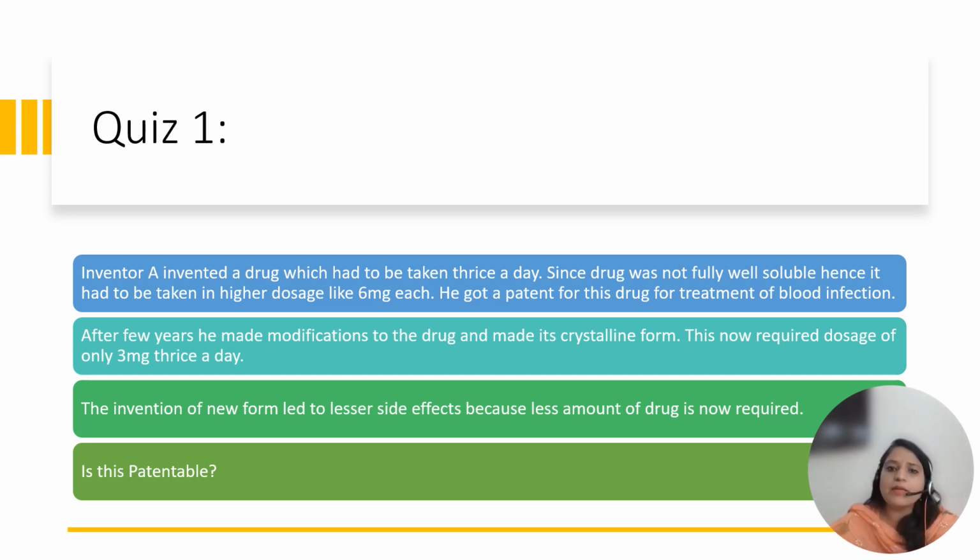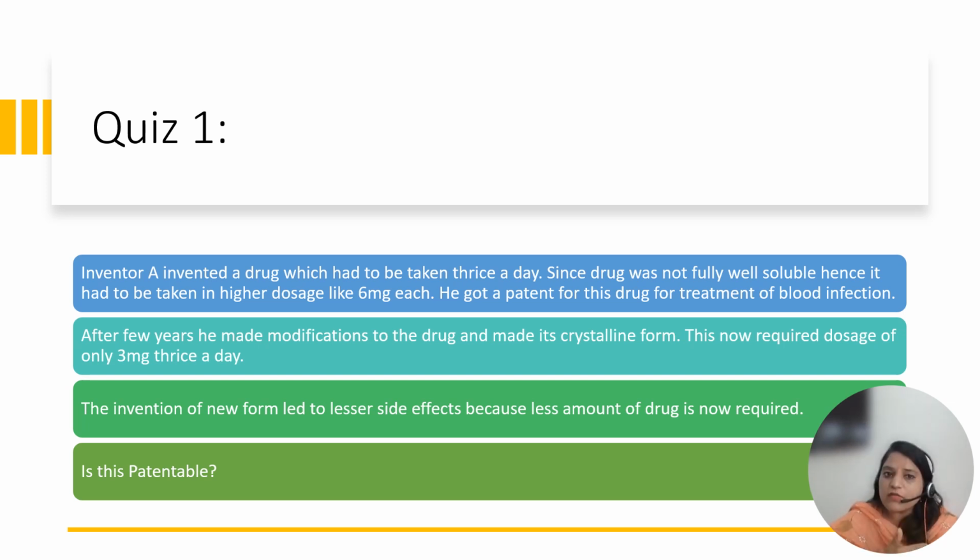instead of 6 mg. Or maybe he made the modified drug in such a way that he coated it with something so that when it was taken inside the body, enzymatic reaction did not happen on it. So the active pharmacophore did not get disintegrated. It was made available to the body in the exact quantity as it was provided to the patient.